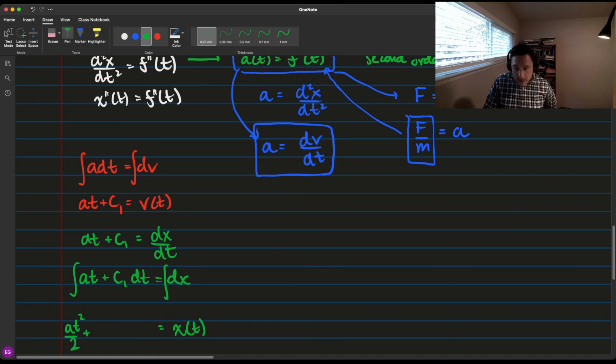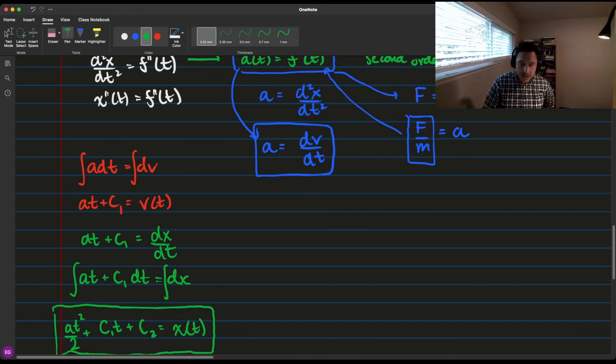When you integrate c1 you get c1 t, and then you get your second constant, just like we showed last time. So this is your general solution if you start off with a given acceleration. Your position function will be that acceleration times time squared over 2, plus some constant times time, plus some other constant.